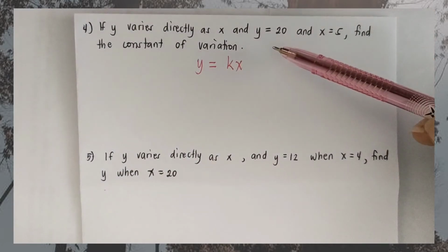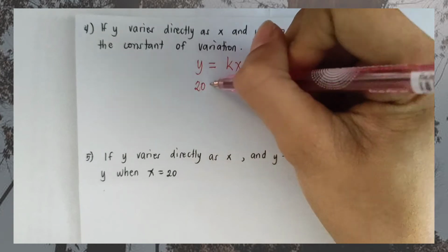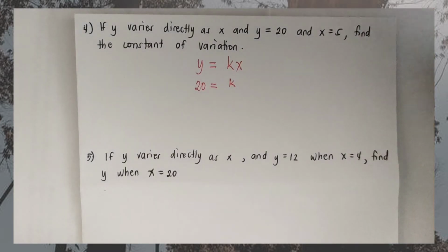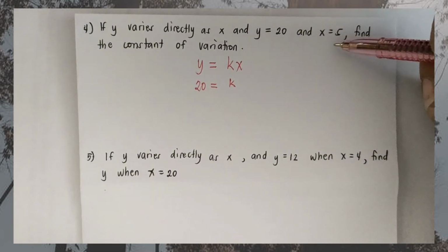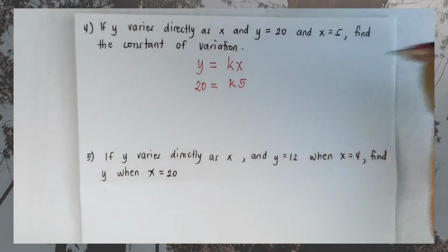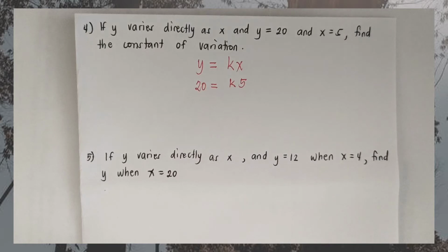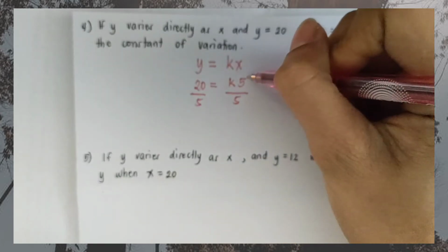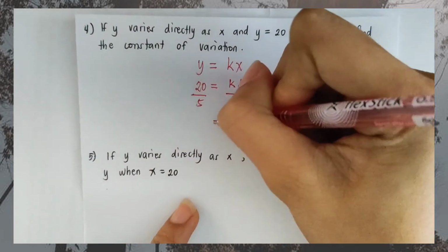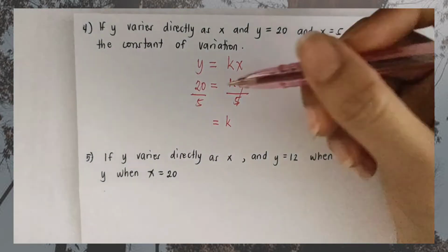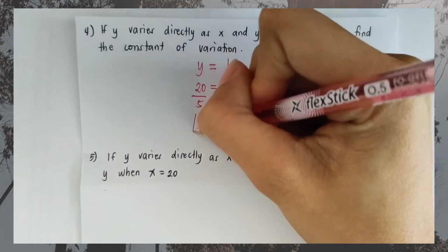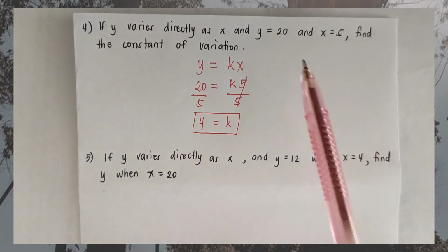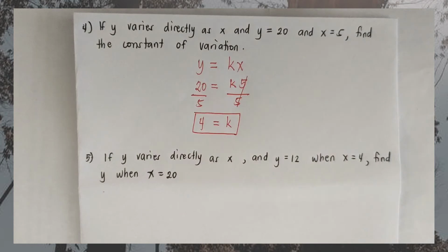Then substitute for the value of y, which is 20. k will remain because that is what we are looking for, the constant of variation, and our x is given, which is 5. Next, to eliminate 5, we will divide 5 both sides. Cancel. So our k now, or the constant of variation, is 20 divided by 5 is 4. This is now the constant of variation given our y, which is 20, and our x is equal to 5.